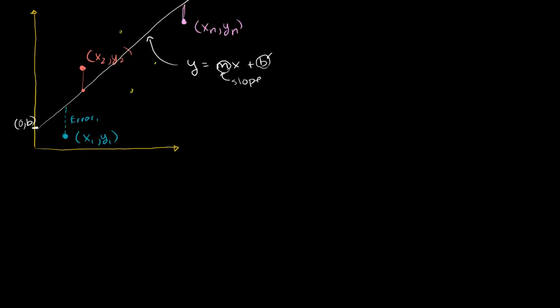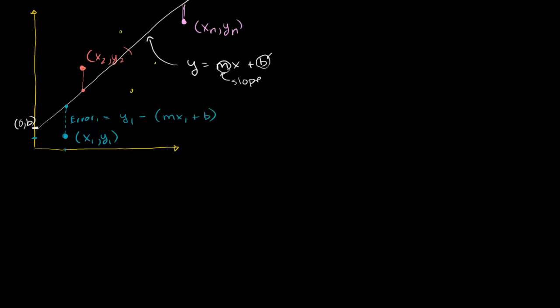So this error right here, error 1, if you think about it, is equal to y1 minus this y value on the line. Well, what's this y value going to be? Over here we have x is equal to x1. And this point is the point mx1 plus b. You take x1 into the equation of the line, and you get this point right over here. So that's literally equal to mx1 plus b. That's that first error.